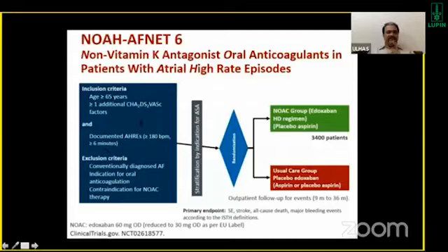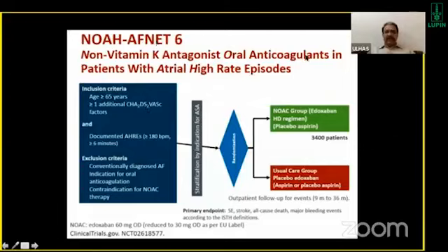They are screening patients with implantable devices who have had high atrial rate episodes, and also those who are more than 65 years old and have at least one or more CHA2DS2-VASc risk factors. They are recruiting these patients, and then they are looking at how they do with respect to anticoagulation.